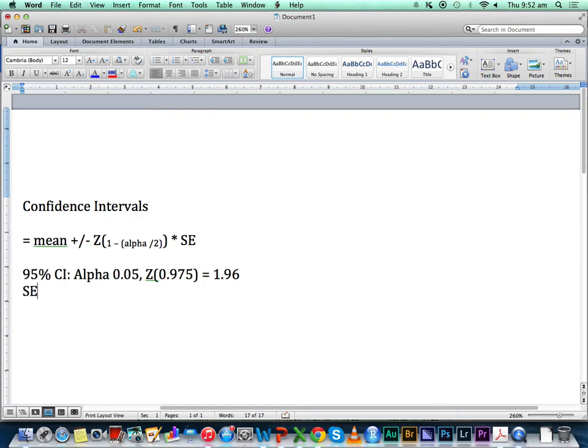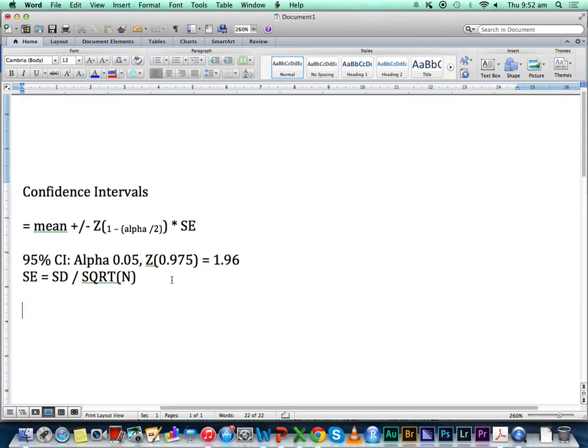And the standard error for the mean is equal to SD over the square root of n. Okay, it's just a recap of last week.